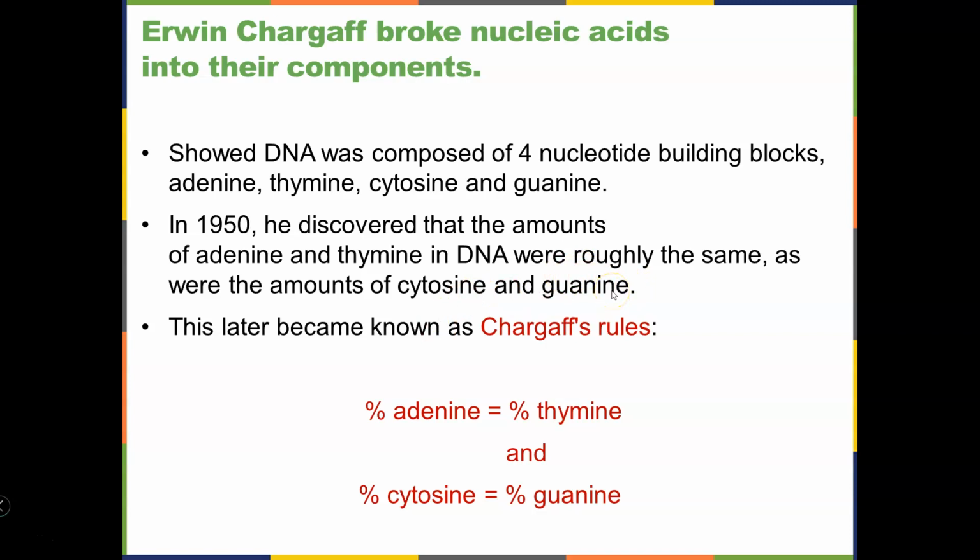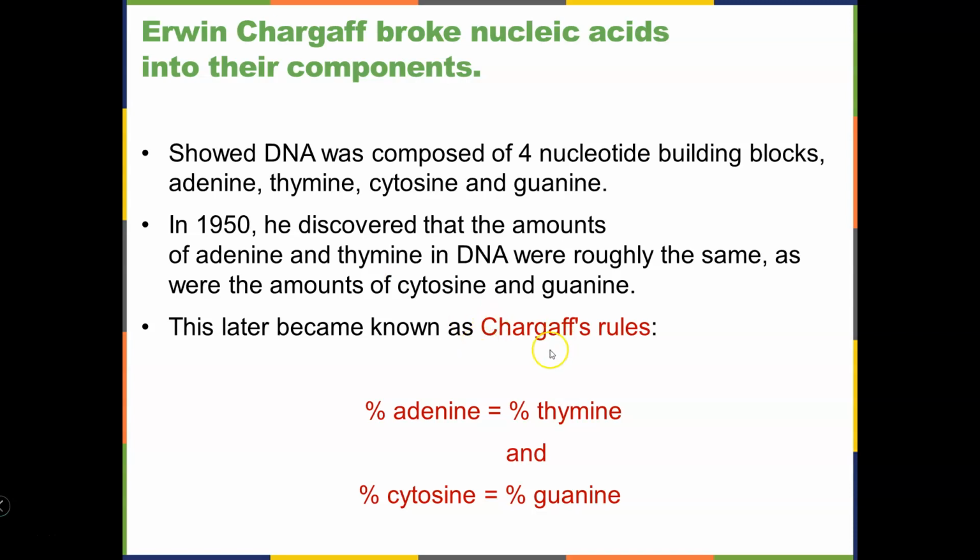And if you did that for cells of a given organism, you consistently got the same ratios. So 10 to 10 and 40 to 40, in the hypothetical example I just gave you, would be consistent for a particular type of cell, a particular organism. But if you look at another species, you might find a slightly different ratio, but again, it was consistent from cell to cell to cell in that particular species.